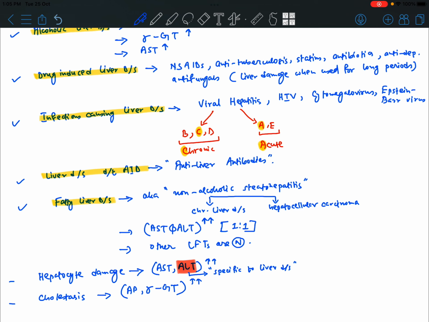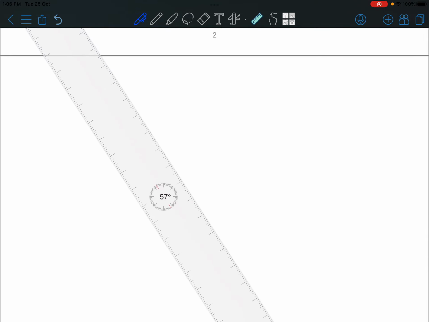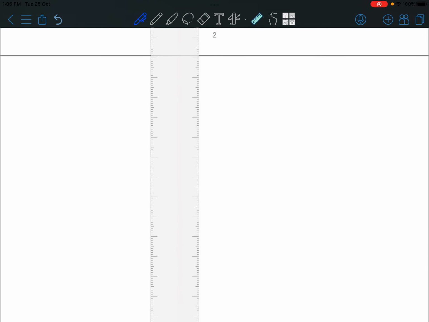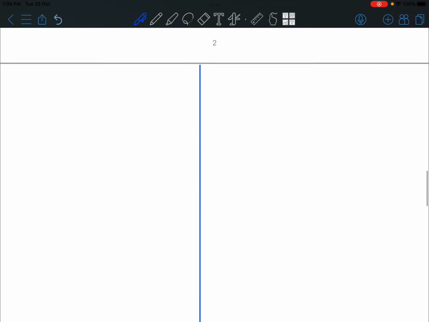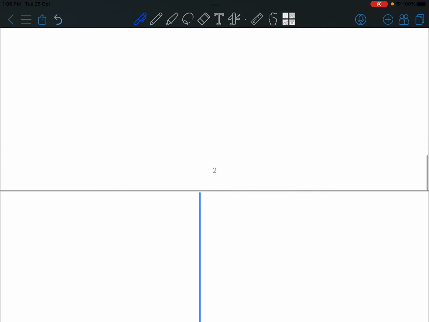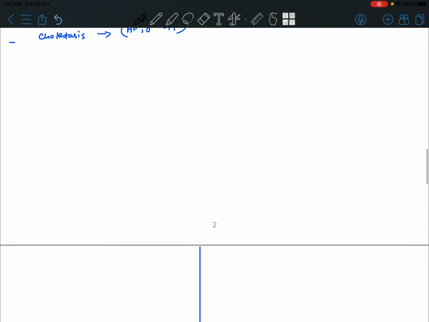This is done. Now let's talk about the tests one by one. Let's draw a column on the next page. So the first test, serum bilirubin.